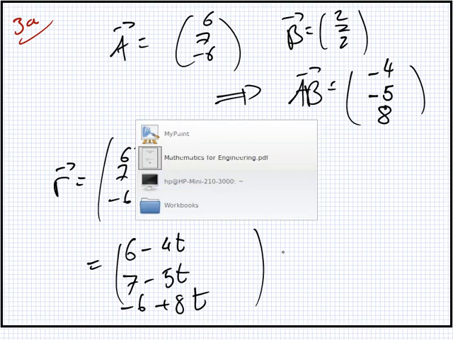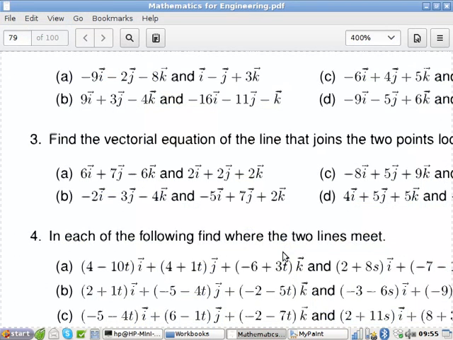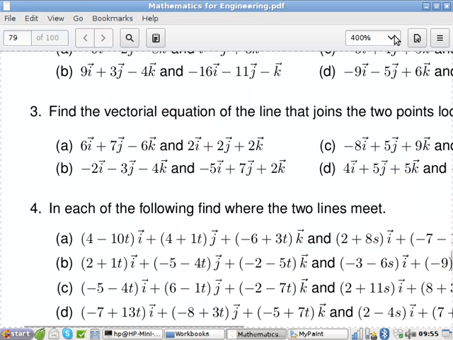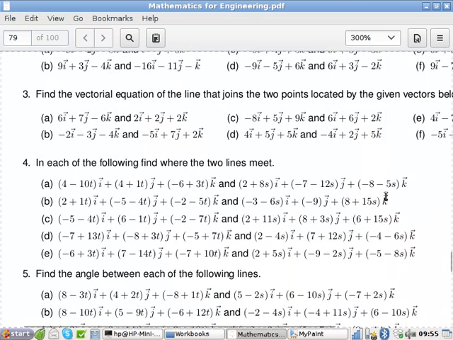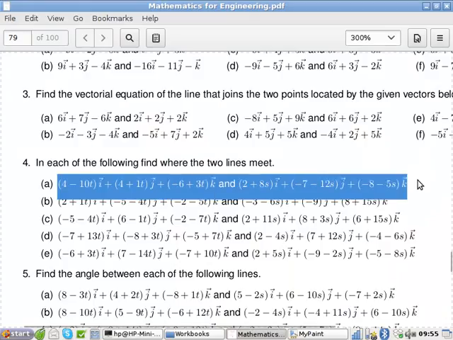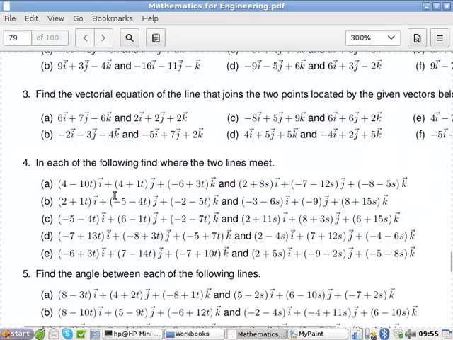Right, now it's getting a bit more interesting. In number 4, I give you 2 lines. In the first line, I use the letter T, but I can't use the same letter in the second line, so I use the letter S. And I want to know, where do these 2 lines meet?